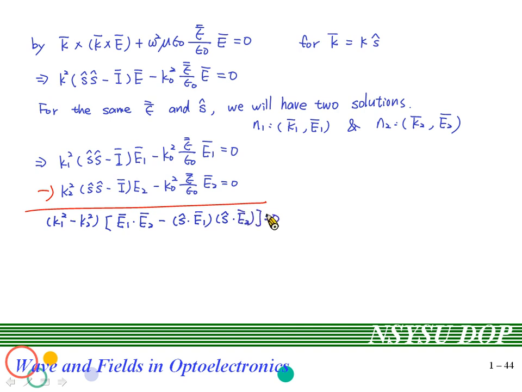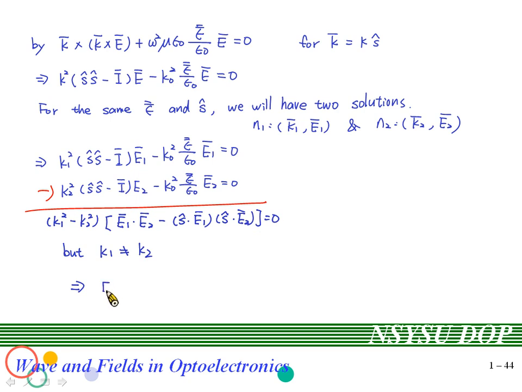But as we have known that these two are different solutions, so we know that K1 is not equal to K2. However, this equation should be 0, so it is not possible to set this factor to be 0 because these two are not equal to each other. So the only possible way to have this equation to be 0 is that all of this is 0.